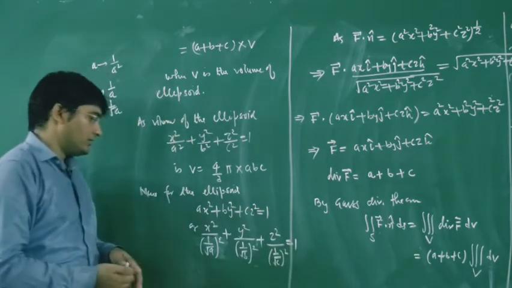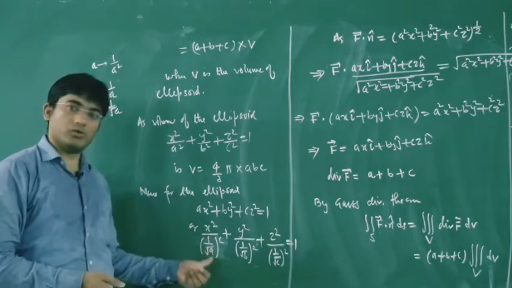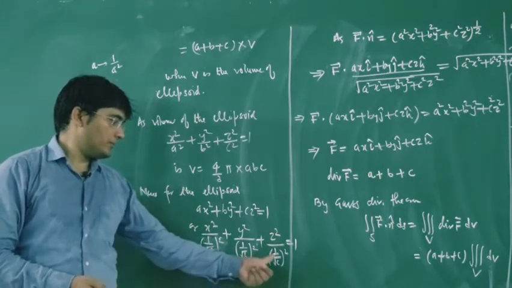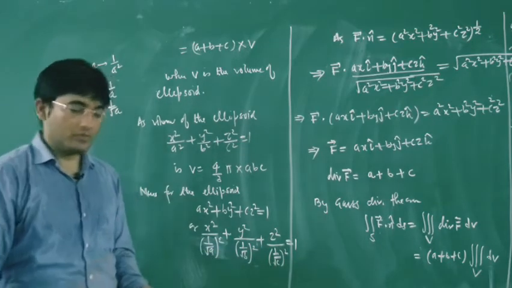Now you can see that in place of a we have 1 by root a, in place of b we have 1 by root b, and in place of c we have 1 by root c.